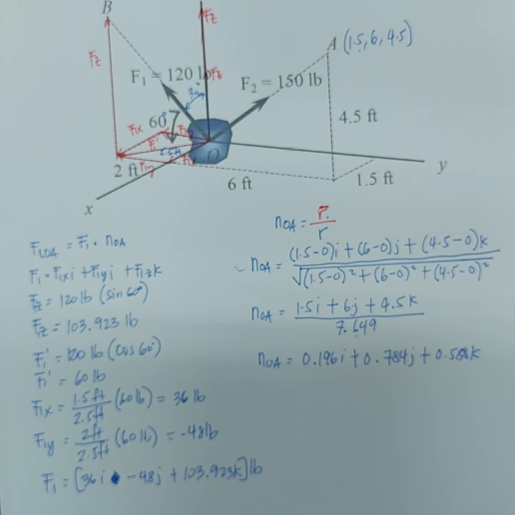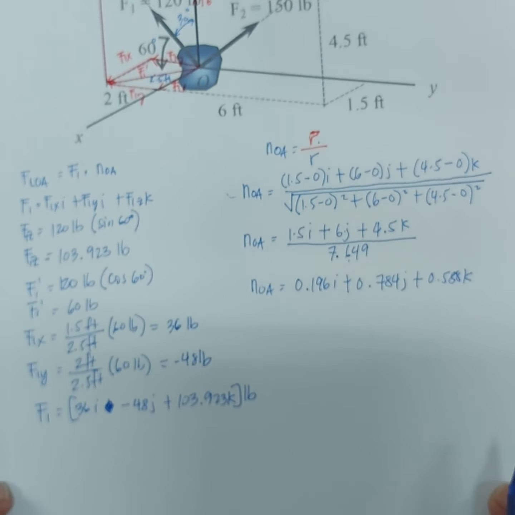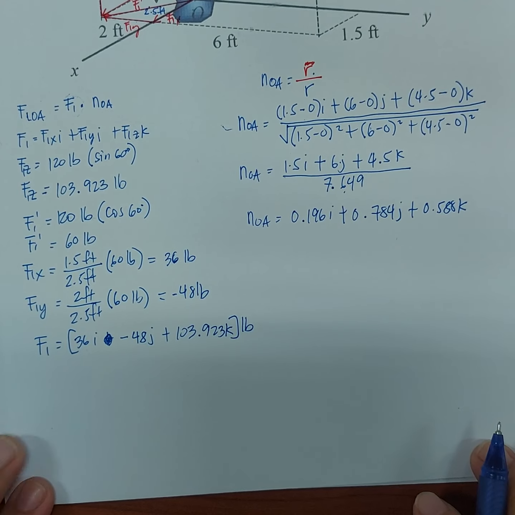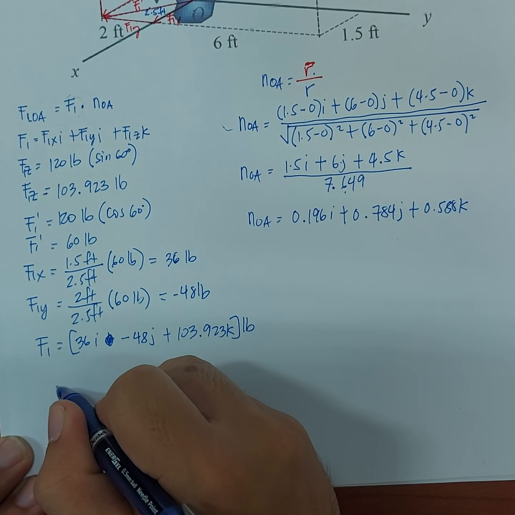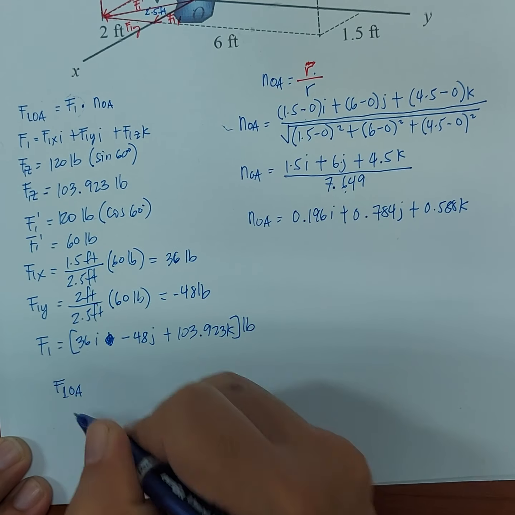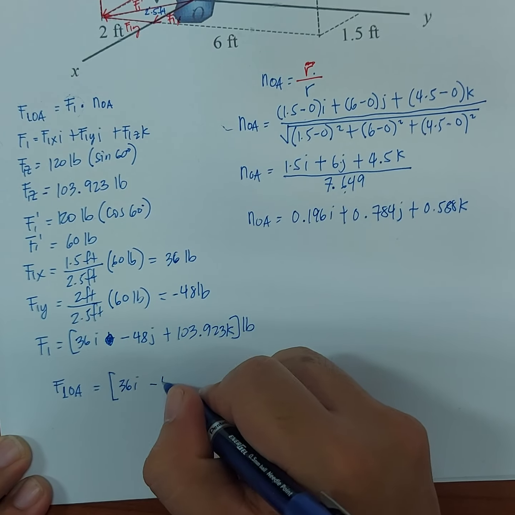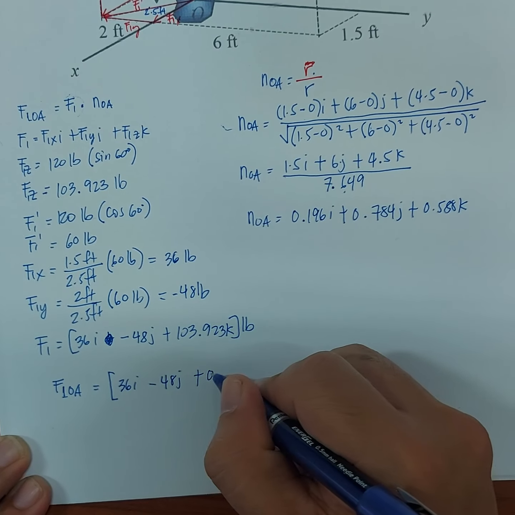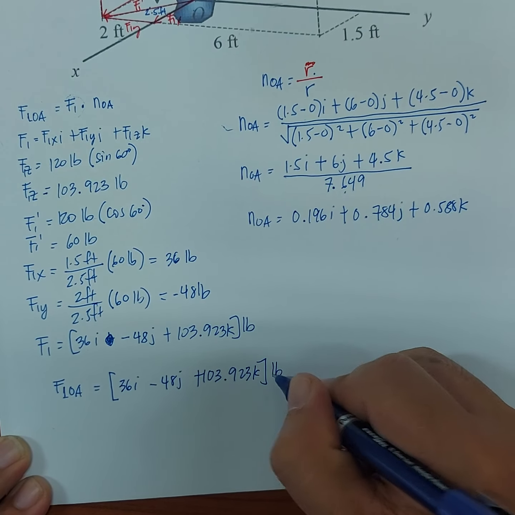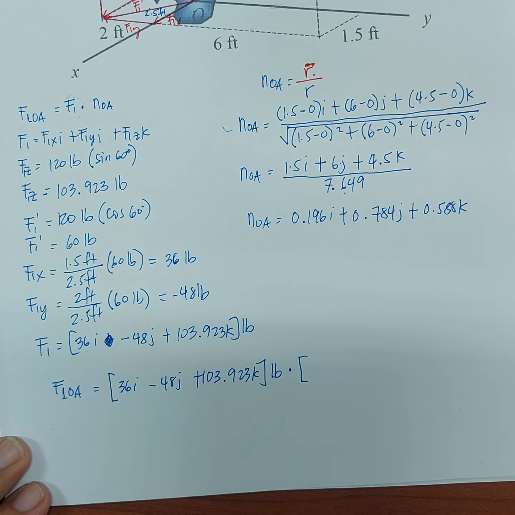Okay, so yung component of F1 along F2 is equal to, medyo kailangan natin na mas maraming space. Ayan. So, F1 along OA is equal to, so dot product. So, we have 36i, minus 48j plus 103.923k pounds dot yung ating unit vector along line OA.